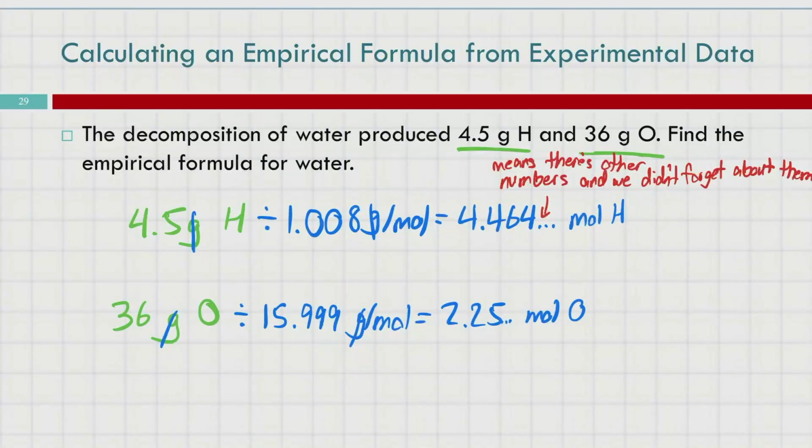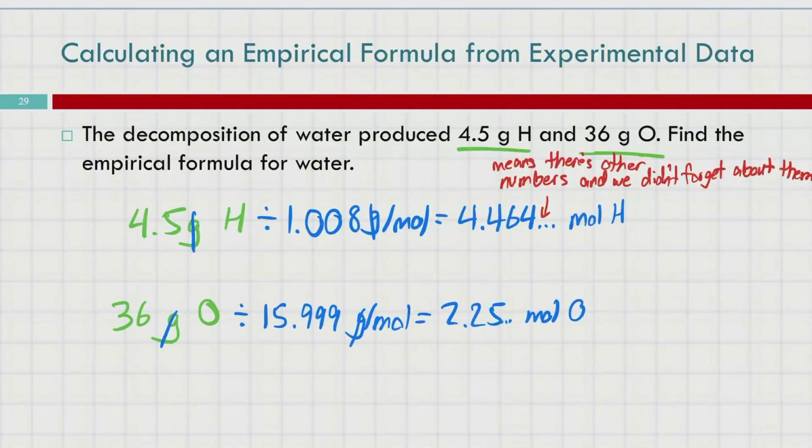All right, so we've got these numbers of moles. Wow, these look ugly. Those are not nice numbers if we wanted to try to multiply them by something. Fortunately, there's another step. What's the other step? We've got our numbers of moles. What we're looking for, though, is how many of one do we have for the other? How many hydrogens do we have for every oxygen? How many oxygens do we have for every hydrogen? Kind of something like that.